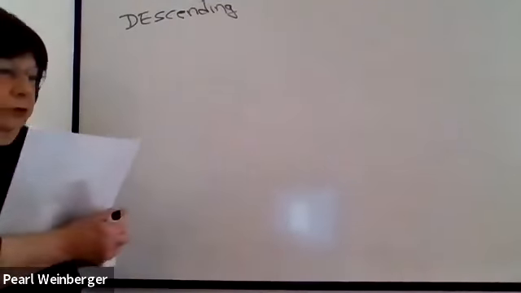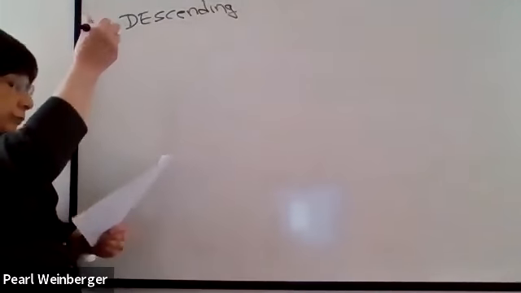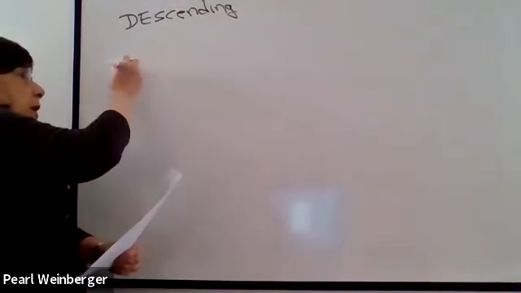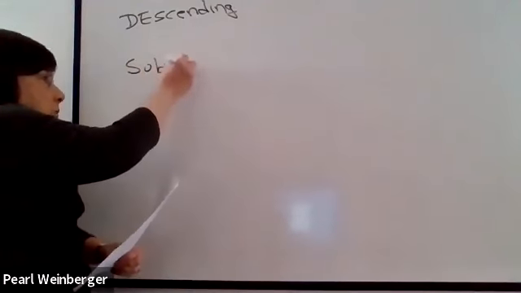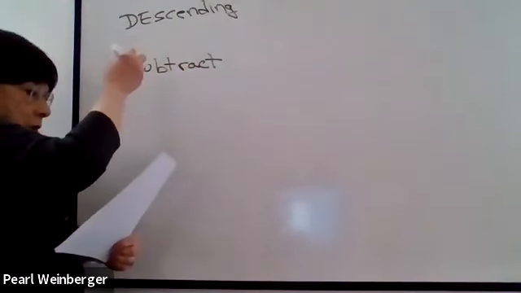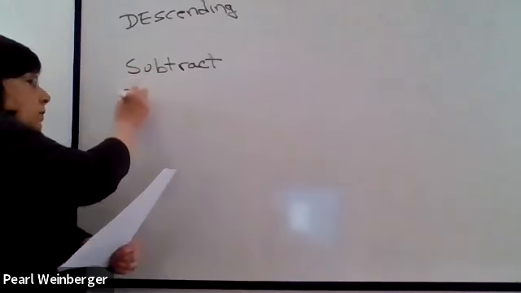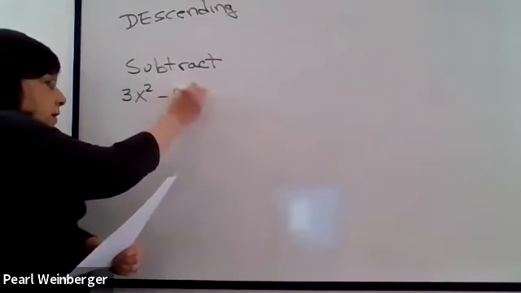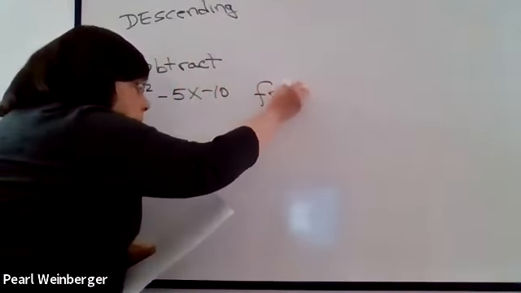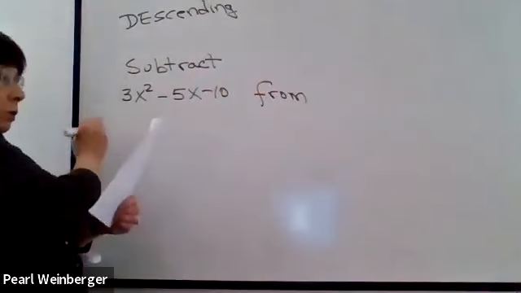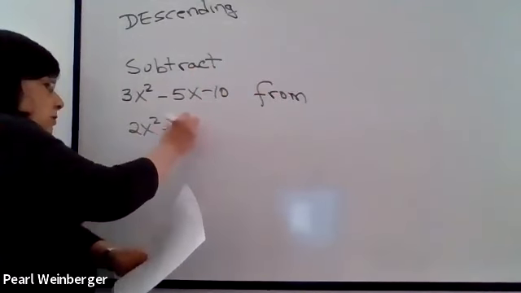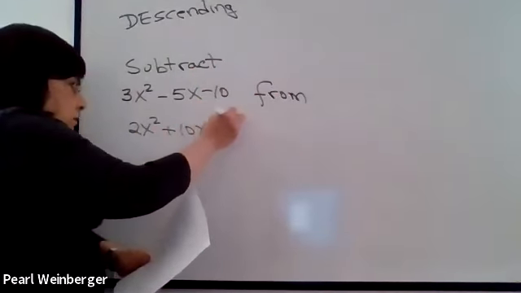Okay, so here's one for you to try. Subtract 3x squared minus 5x minus 10 from 2x squared plus 10x minus 17.